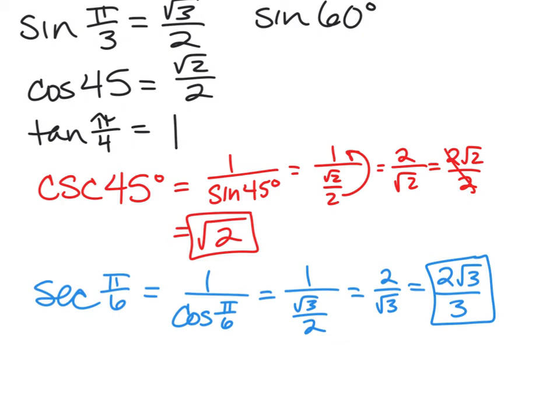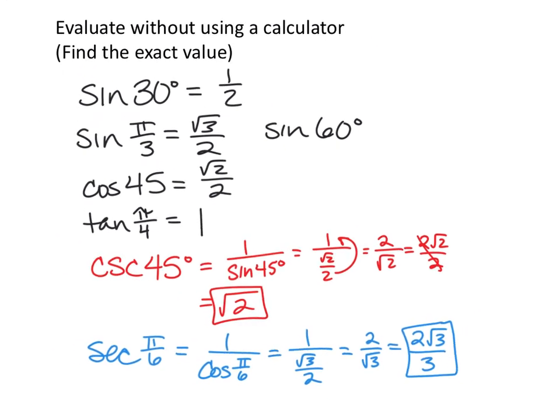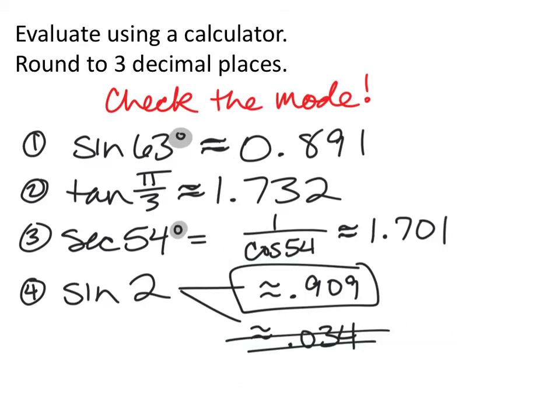But if it's not one of those particular angle measurements, if it's not 30, 45, 90 technically, or 60, we will be able to use a calculator. The one caveat to this is that you really have to check the mode that you're in. Like I said, I think in the last video, the book does a really good job of remembering to put the degree symbol when it's a degree.